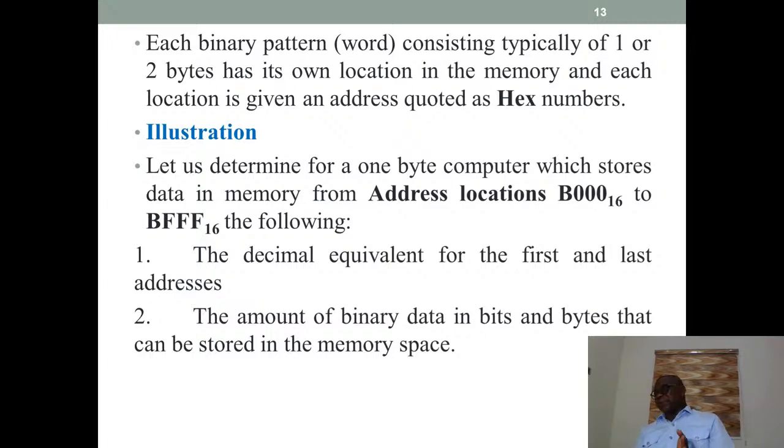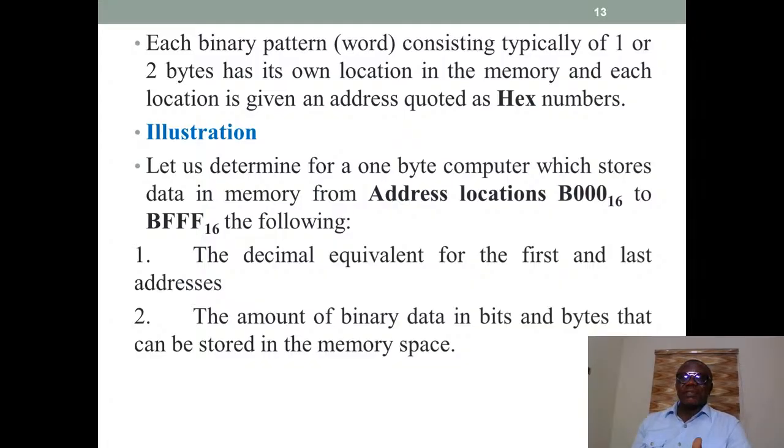Now, what we are doing is moving out from just seeing the binary or computer number system as converting from base 2 to base 10 or base 8 or base 16 and vice versa. We are trying to use it to see how it solves a real-life computer problem. In the illustration, the first address in the memory is B000.